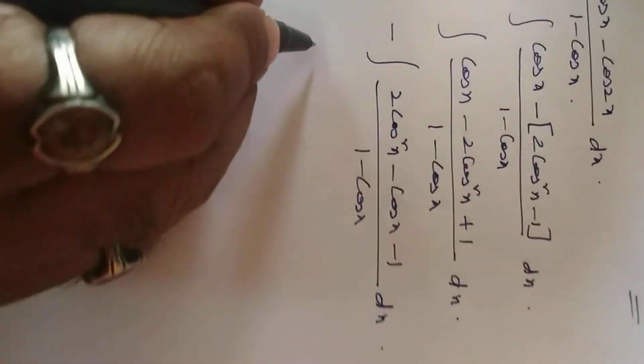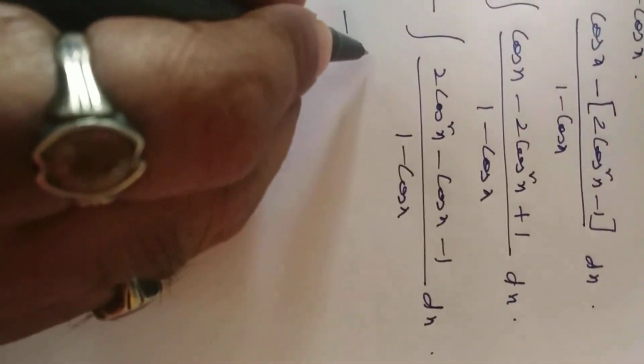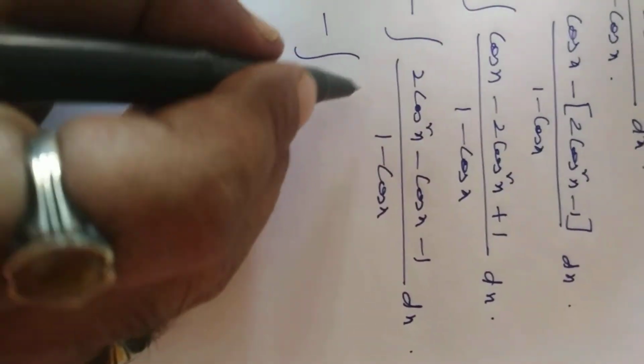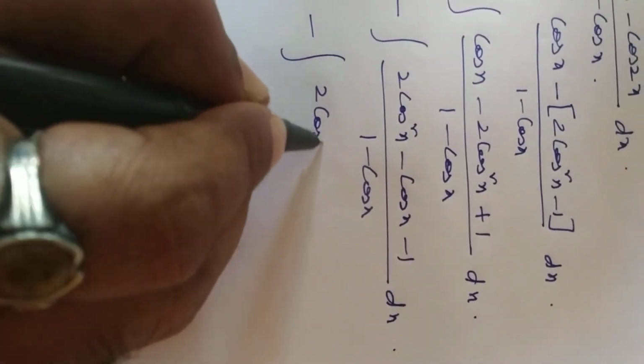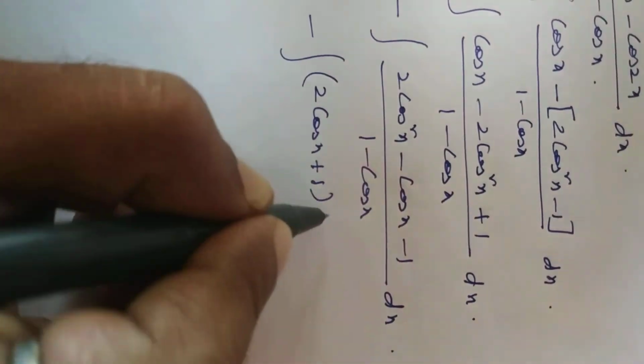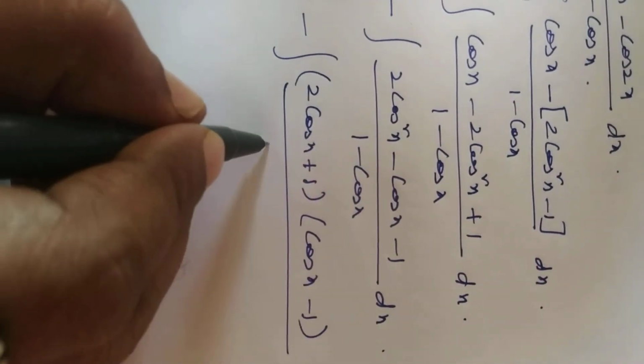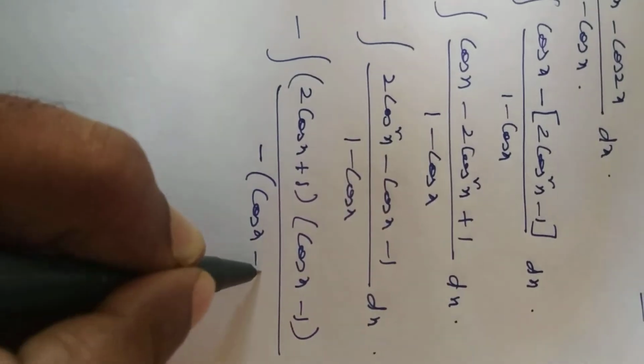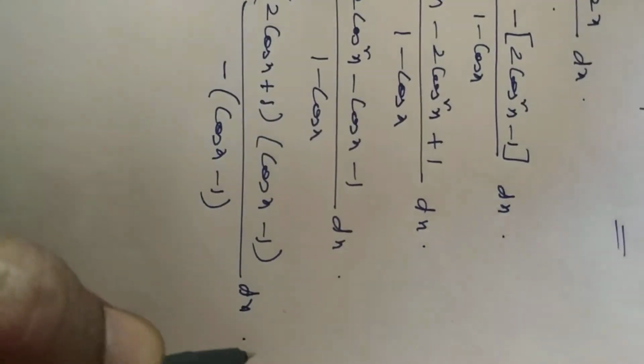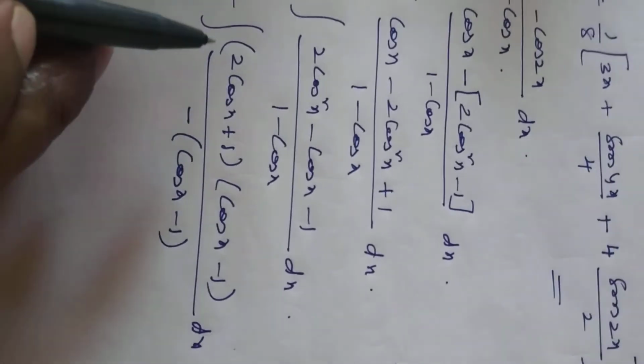So which is equal to minus of, we can write this as factors here. The factors are 2 cos x plus 1 into cos x minus 1 by, here if you take minus common, cos x minus 1 we will get. Okay, observe this, otherwise no problem.